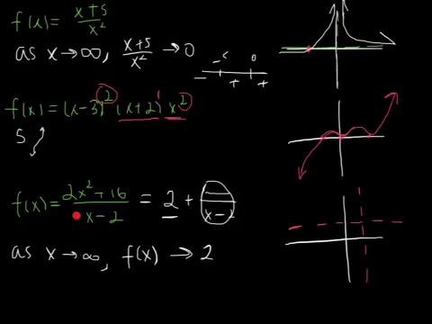But now think about what happens as x approaches negative infinity. So this is why I keep the absolute value signs. When x is getting towards negative infinity, what's happening? Well, this is going to remain positive because it is squared, but the denominator is going to be negative.